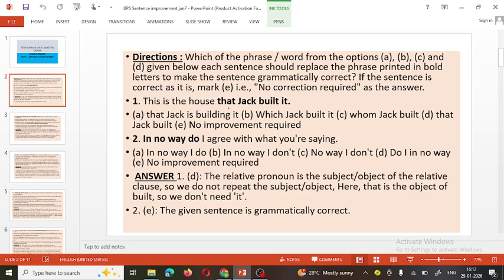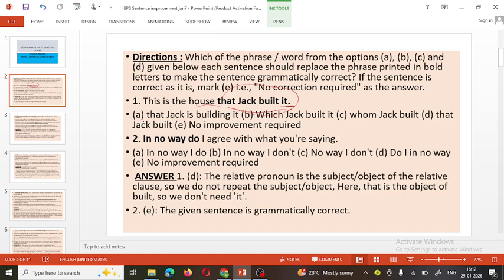This is the house that Jack built. Now this is an example of a complex sentence, where "this is the house" is the main clause and "that Jack built" is the subordinate clause. So this information is about the house. Here there is no need to use "it".